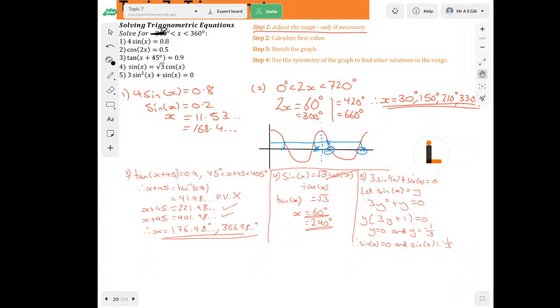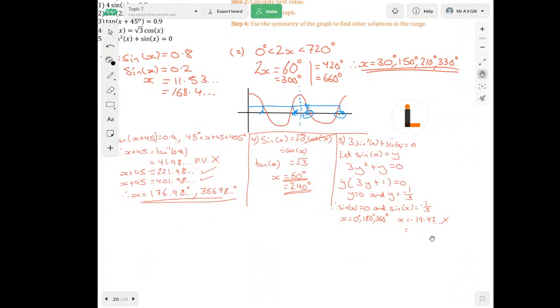So for this first one we would get x is equal to 0, 180 and 360. And then for this one our initial value would be minus 19.47, which obviously we don't include, but we can then use that along with the graph to work out the remaining values. I'm not going to draw the graph out for this particular question, just because we've done that many times before.